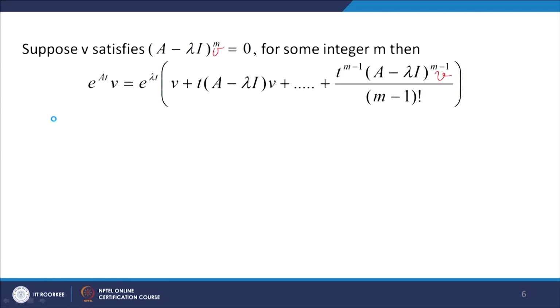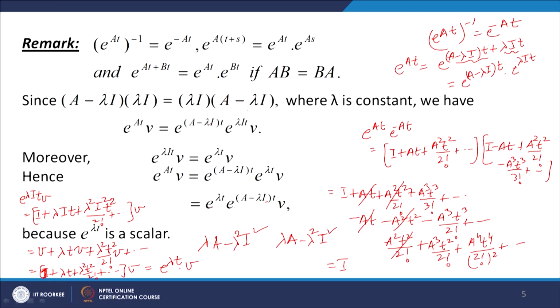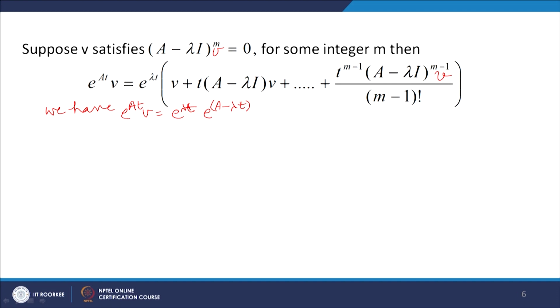Okay. So, we have (A minus lambda I) t into b.